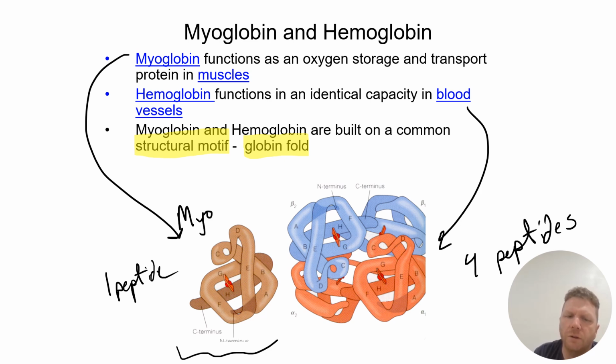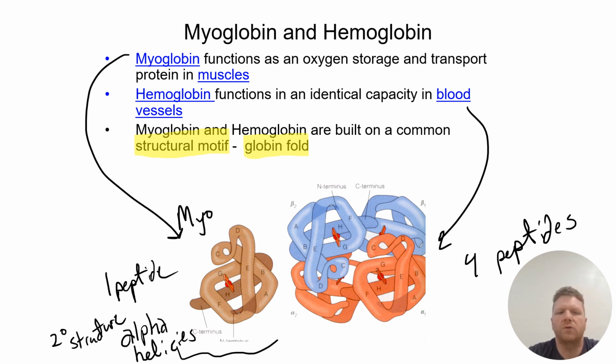So all of those letters call out specific alpha helices. So secondary structures.